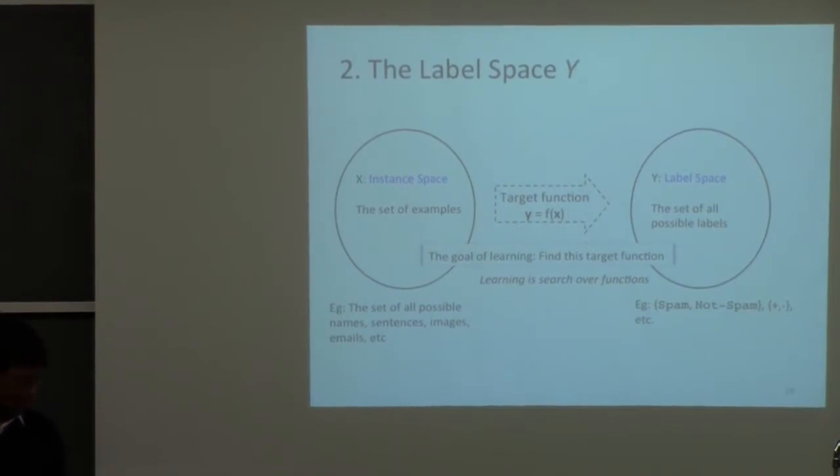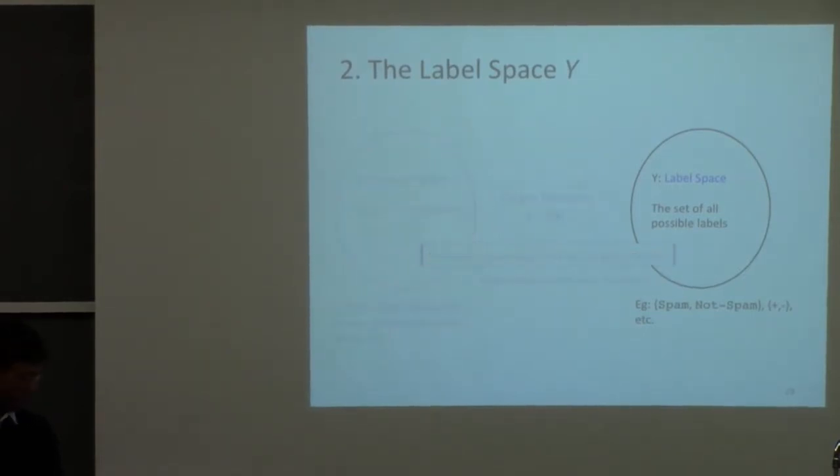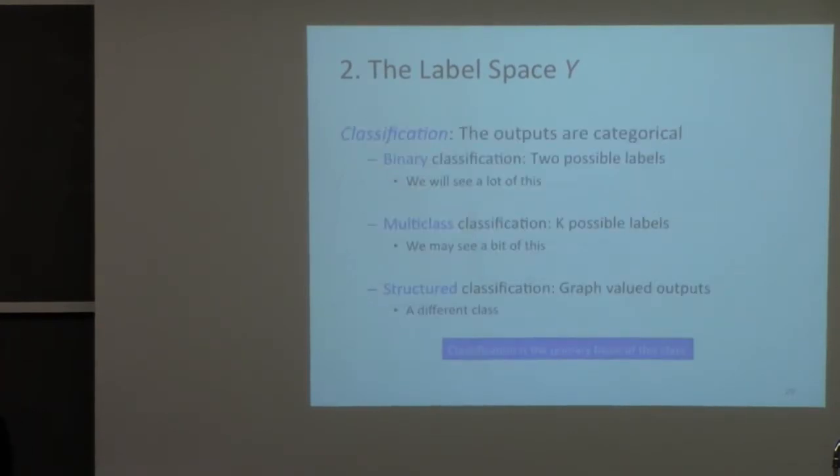The label space is actually the set that is the output of the target function. There's not much to say about it right now, except I just want to reiterate this general thing about names of problems changing when your label space becomes different.